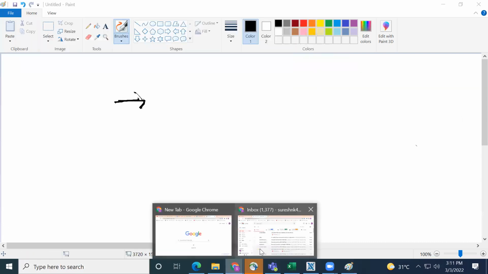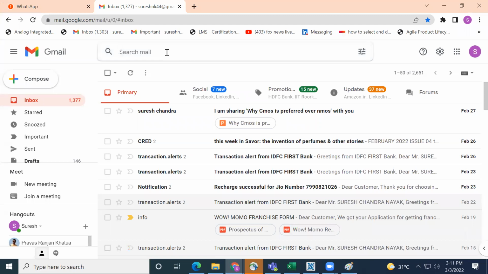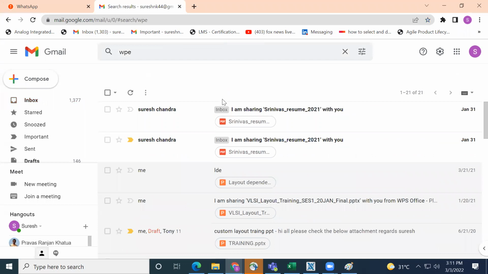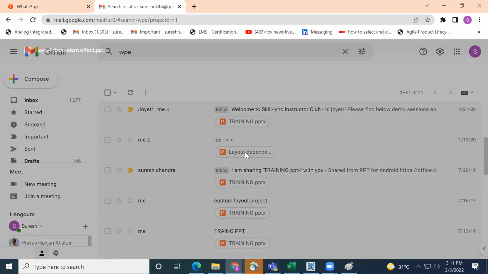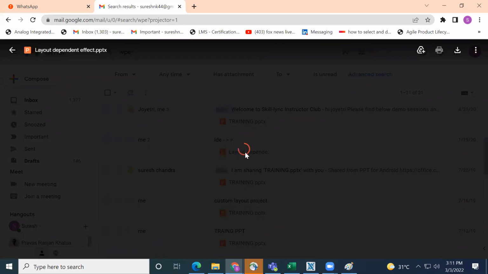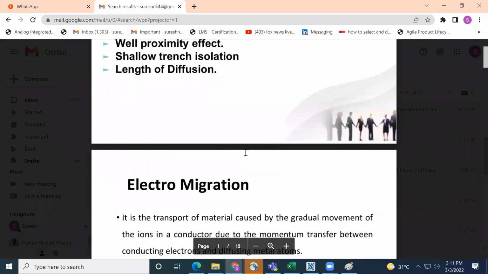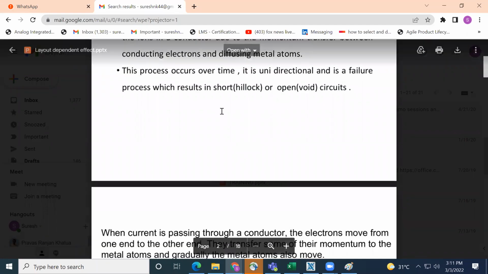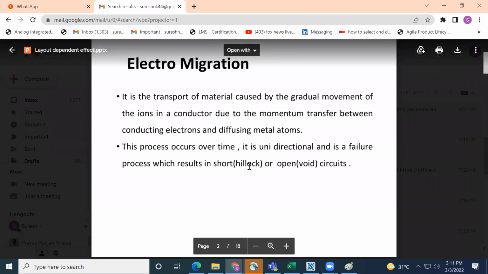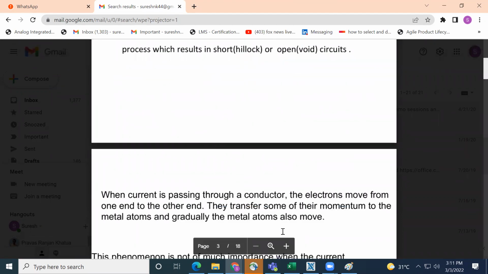If it's a little faster, I'll directly show the PPT. See, whatever I told, in short, that is called hillock, and open means void.